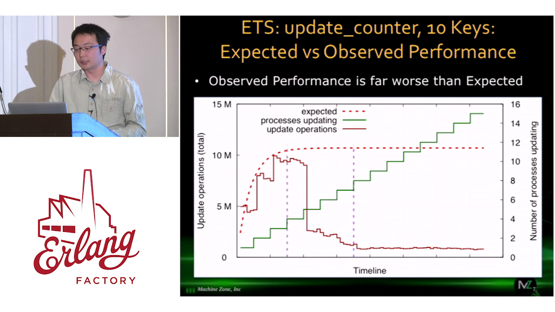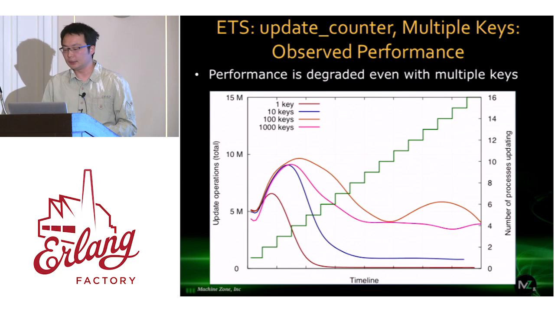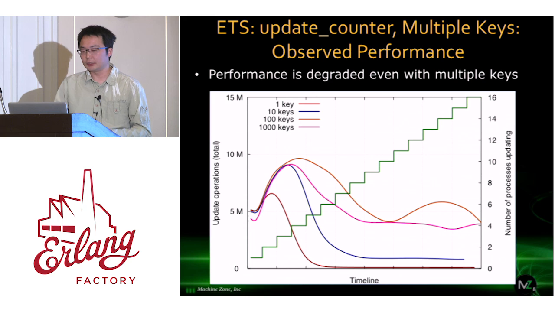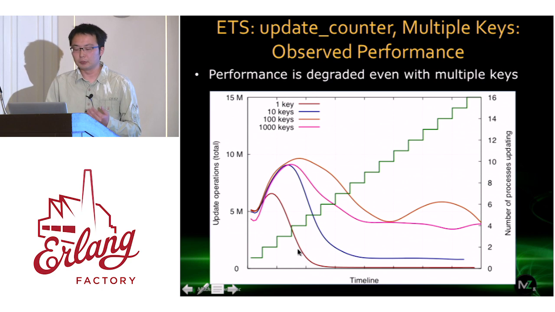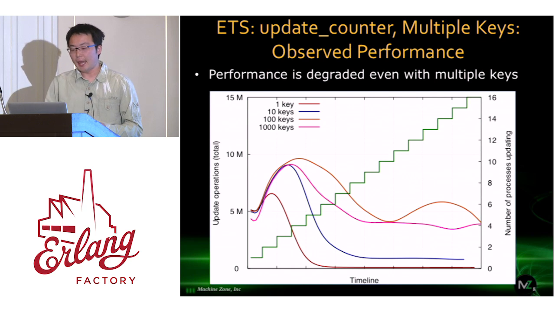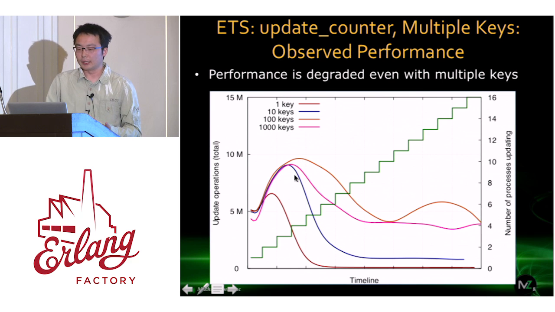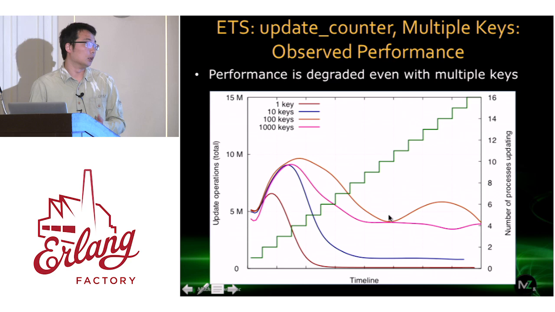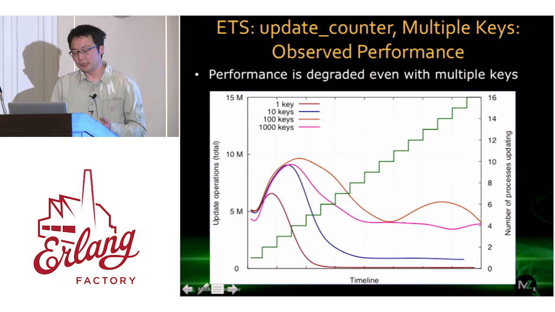We were not convinced, and we tried a different setup. So we do 1 key, 10 keys, up to 1,000 keys. As you can see, for one key the performance is really bad because everybody is trying to contend for this one lock for this key. And as the number of keys grows, we are getting better, but we still have this kind of dip after we use up all the cores in our machine.